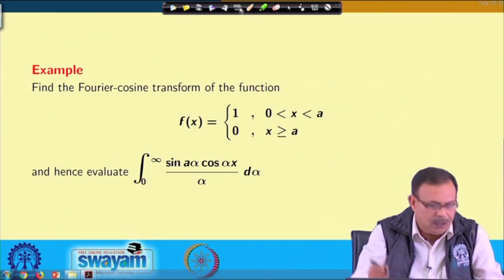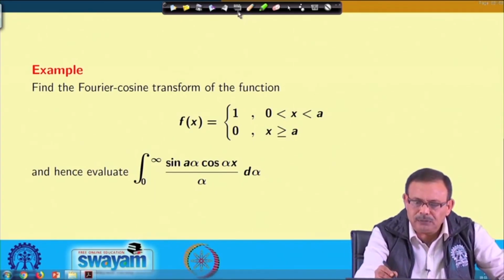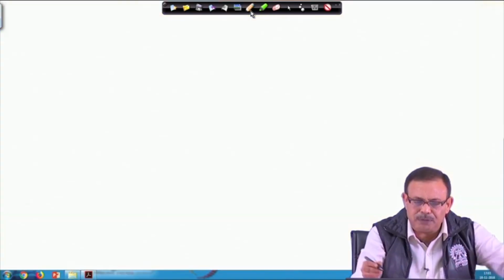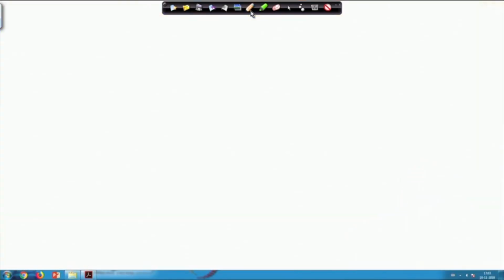For this one, since we have to find the Fourier cosine transform, the Fourier cosine transform of alpha is nothing but root over 2 by pi, 0 to infinity f x into cos of alpha x into dx.